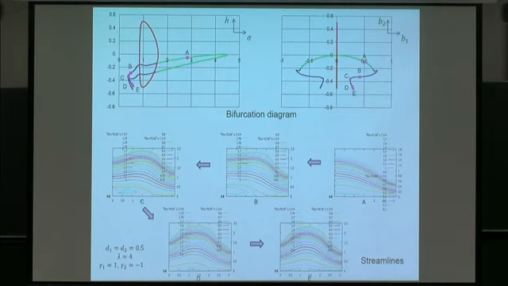And in this case, this navy blue shows the part of solutions where stagnation points appear. And in this case, the mode 1 branch does not join the mode 2 branch.